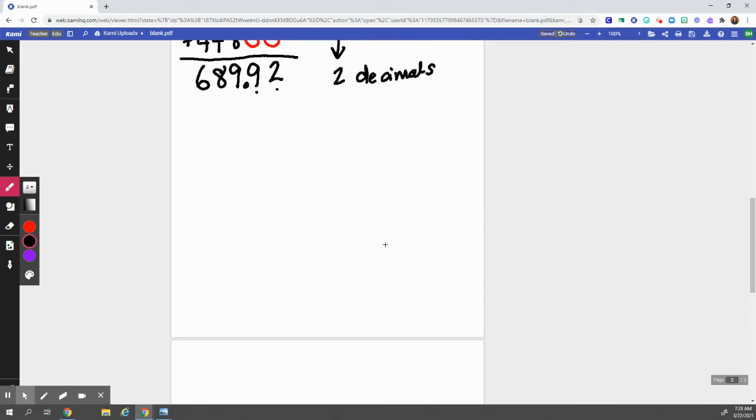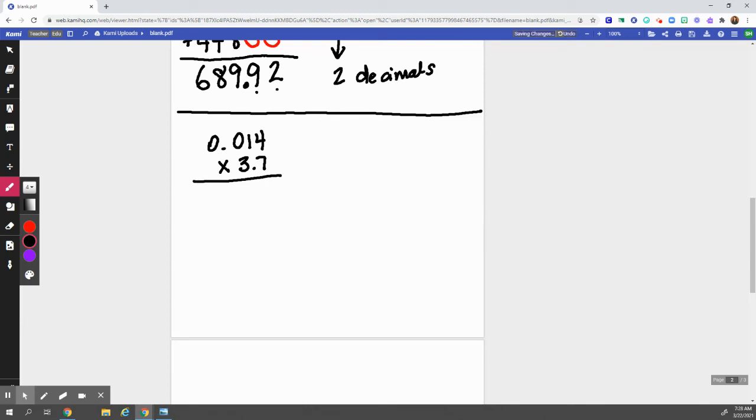One more example. This one is going to be a little bit different. We have 14 thousandths. So we're going to do 14 thousandths times 3 and 7/10.